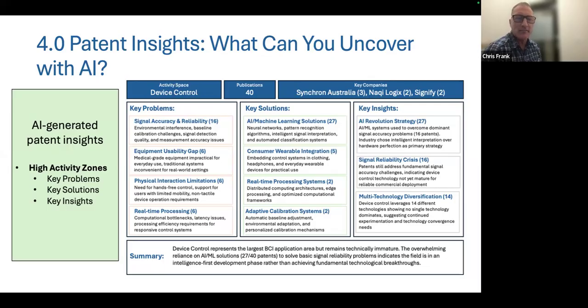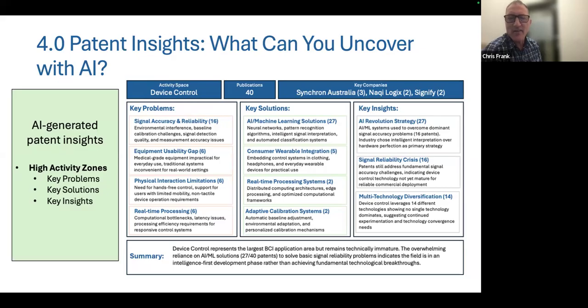Environmental interference, baseline calibration challenges, signal detection quality, and measurement accuracy issues. So that's one category of problems. So again, high activity area, 40 publications, 16 of them are addressing signal accuracy and reliability. If you're addressing that same problem, you need to make sure you get your patent filings in there.